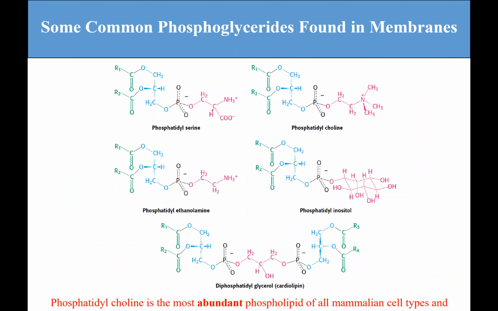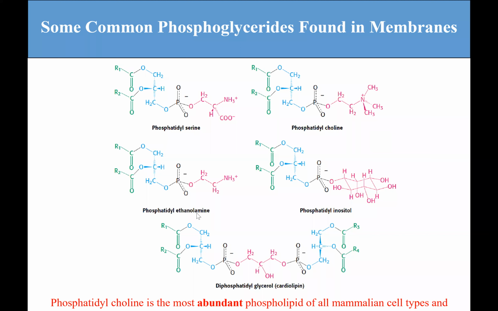Now, these are just other examples of phosphoglycerides. I don't think it's that necessary to know the structures themselves, but we can just go through the names. So this is phosphatidylserine because the group connected to the phosphate is serine, and here it's choline, so that's phosphatidylcholine.